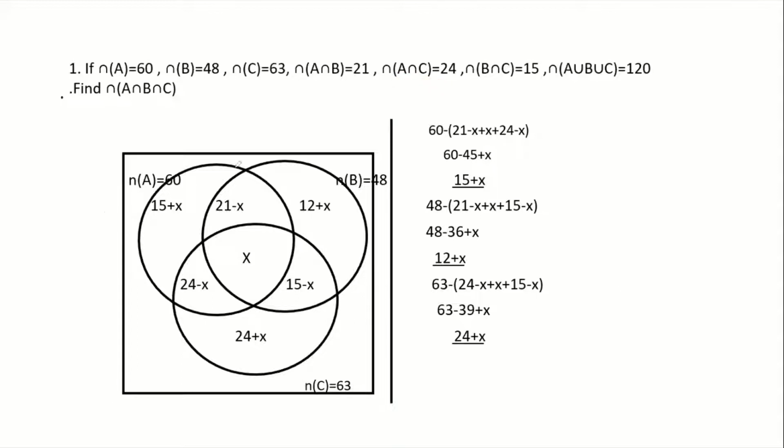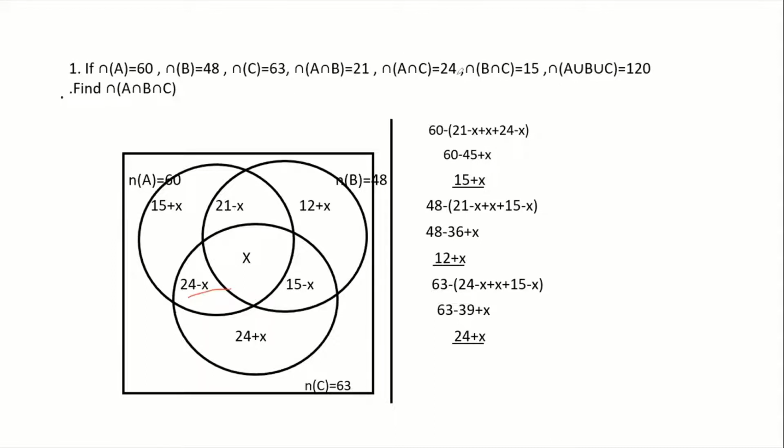We look for where A and C are, and we have our midpoint here. But 24 has the bit of X in it, so we shall have 24 minus X.